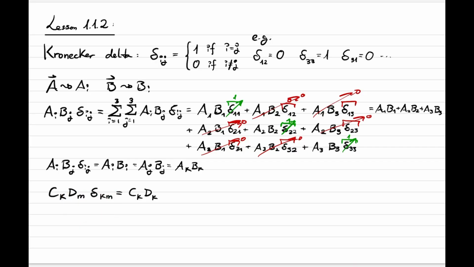So we will be left instead with cmdm. But this is the same as we have seen here. It doesn't matter the tag we put to the dummy index. So the key feature about the Kronecker delta is that it collapses indices.